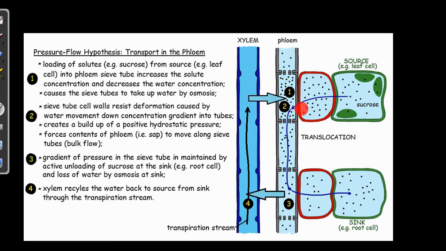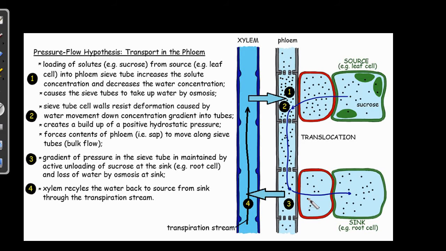Why? Because the pressure has been created over here. Here there is already low pressure. So the gradient of the pressure in the sieve tube is maintained by the active unloading of the sucrose at the sink. Now since it has reached down because of the difference in the pressure, there was high hydrostatic pressure here and low over here.